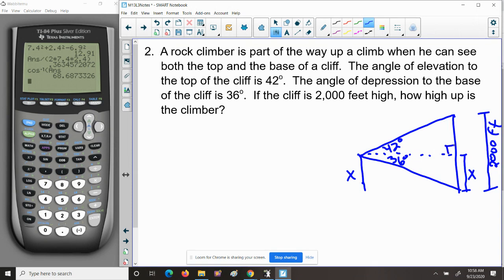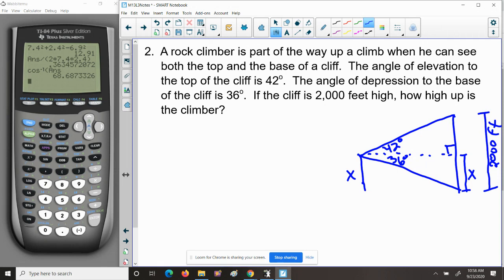This is a horizontal, this is a vertical, so we do have a right angle. We've got two right triangles there. We also have this big larger triangle. Let's see what we can figure out. If we take a look at what's given to us, we can find the other angles. With the top right triangle, we have 90 and 42 already.